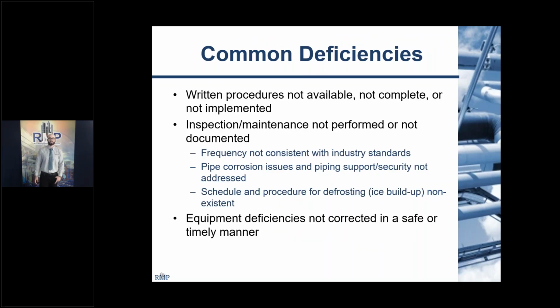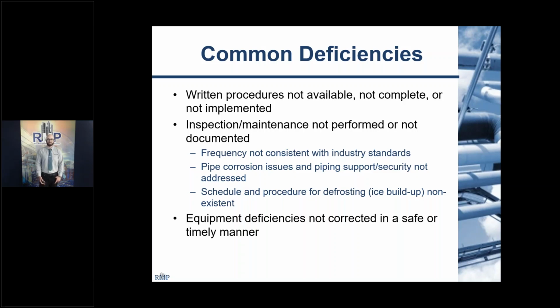So for common deficiencies, written procedures must be available and complete or implemented. Inspection and maintenance must be performed and documented. Frequency is not consistent with industry standards, pipe corrosion issues, piping support security not addressed, and schedule and procedure for defrosting.